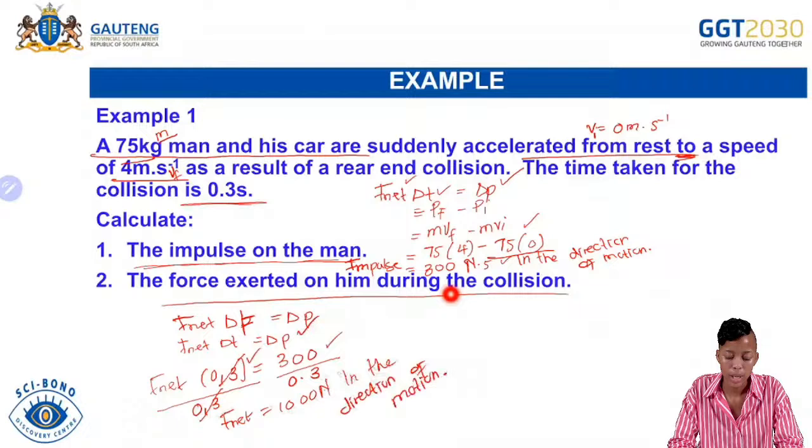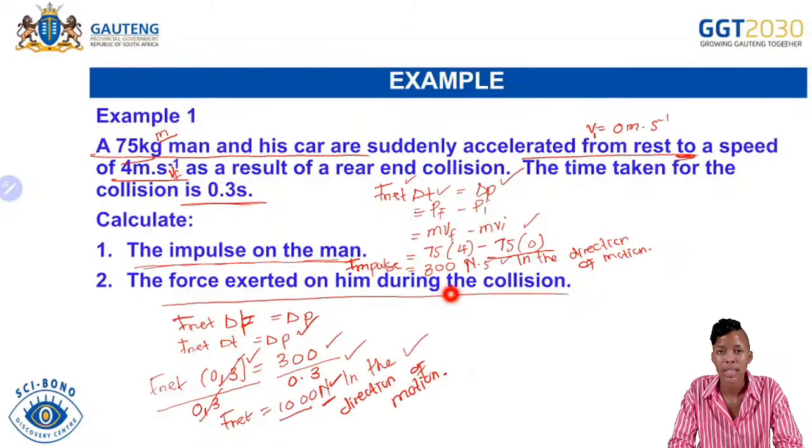I'll also give you 1 mark for the final answer with the correct unit. We are dealing with a force, so the unit is Newton, and a force is a vector quantity, meaning that it will also have magnitude and direction. So this is our magnitude, this is our SI unit, and in the direction of motion, it therefore represents the direction.